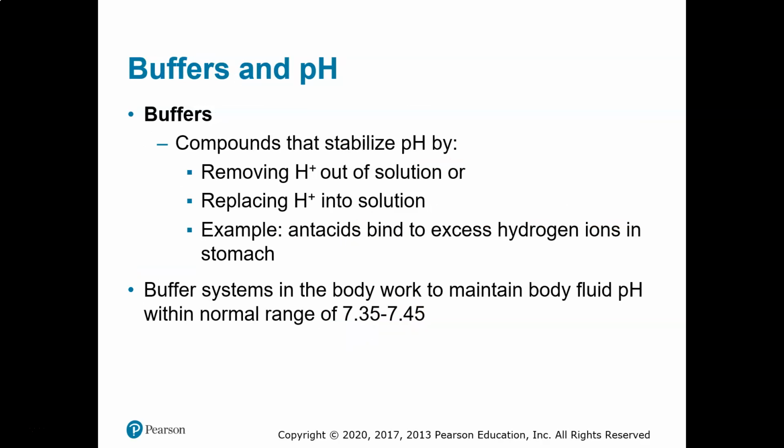Now, since the pH in the body needs to be maintained, except for in areas like the stomach, which has a very low pH, our body fluids typically need to remain within 7.35 and 7.45 pH, which is slightly basic, very close to neutral. So there are compounds, chemicals, that will help to stabilize pH.